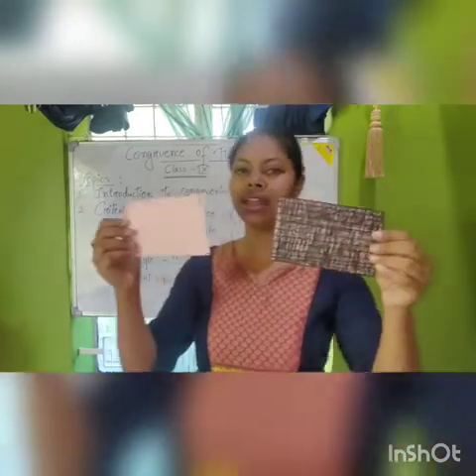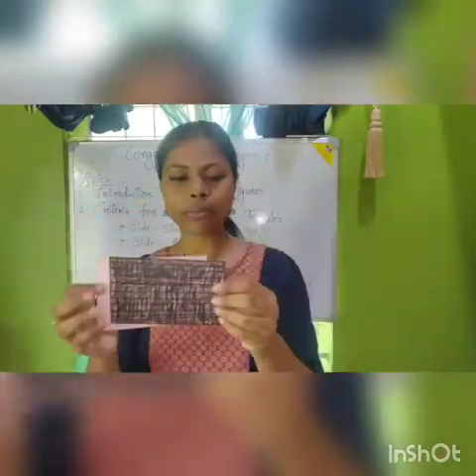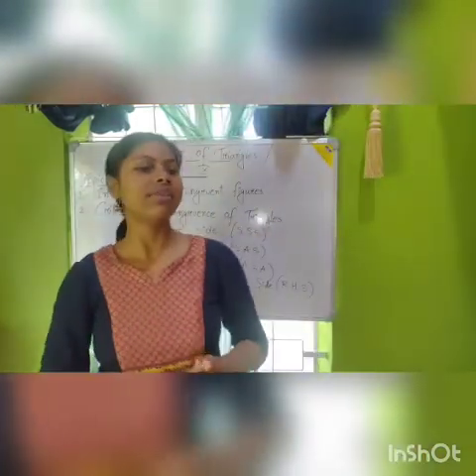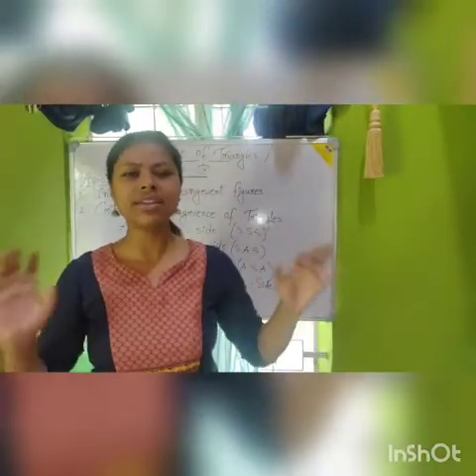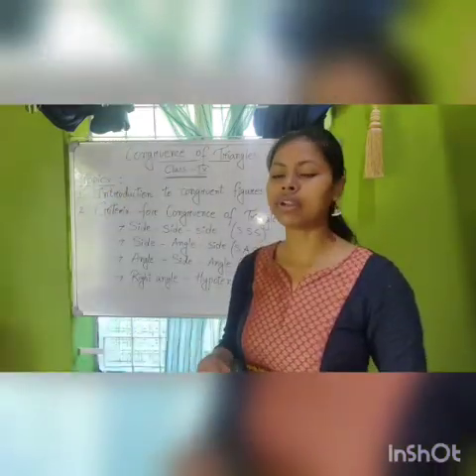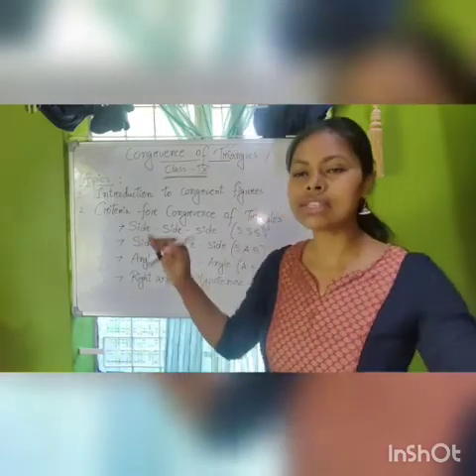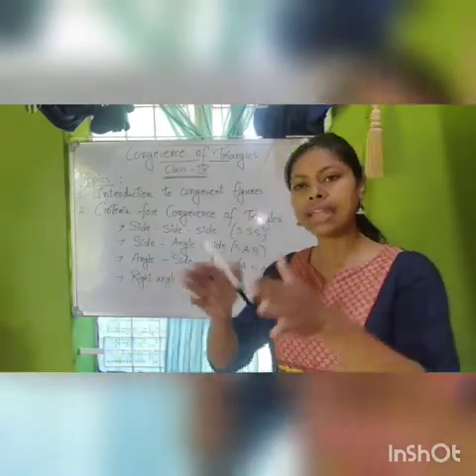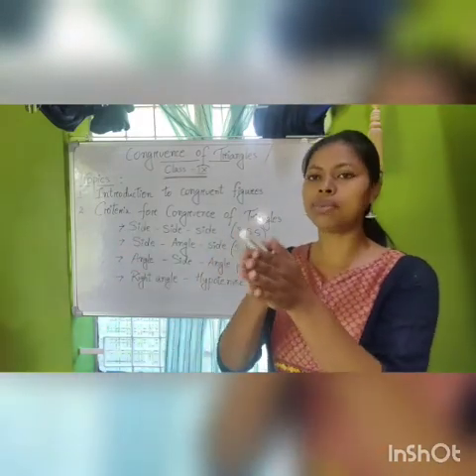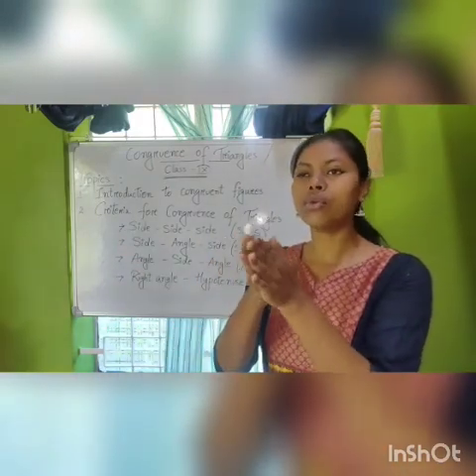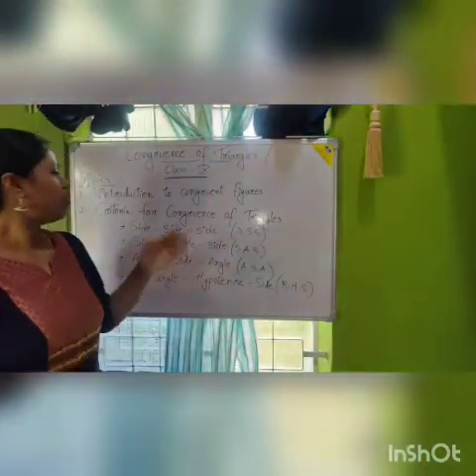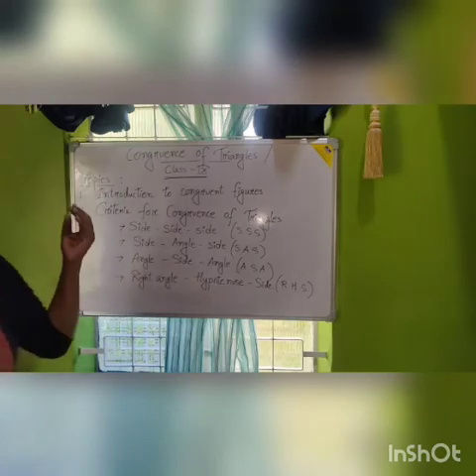So it means these two have the same area. So this is the basic thing about congruent figures, and there are many other examples around us, like a butterfly. If you look at the wings of a butterfly, both wings are identical to each other. So when the butterfly closes its wings, it looks like one wing. Now let us see what is the congruence of triangles.